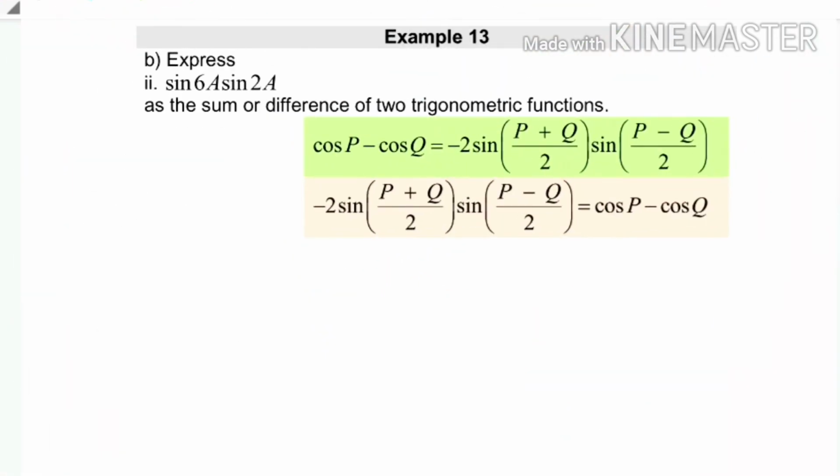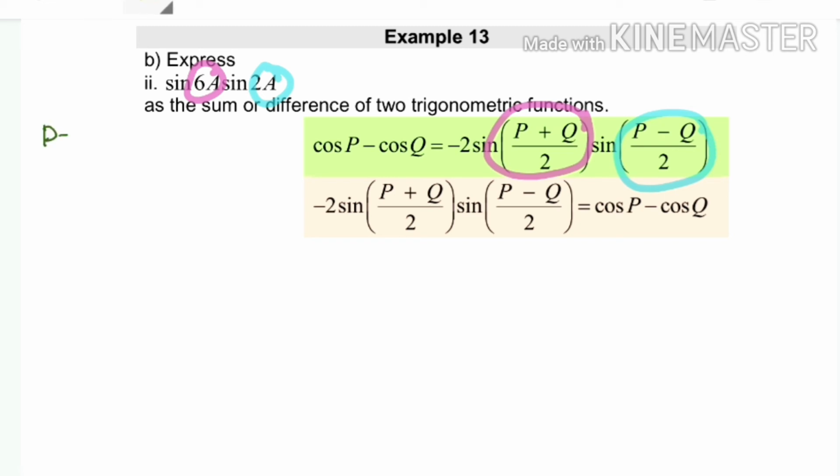Example 13b, part 2: express sin 6a times sin 2a as the sum or difference of two trigonometric functions. This is sine times sine, a product already, so we can compare with the product formula. 6a is (P plus Q)/2, and 2a is (P minus Q)/2. Let's solve these two equations.